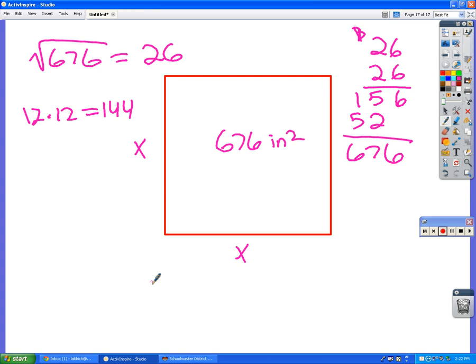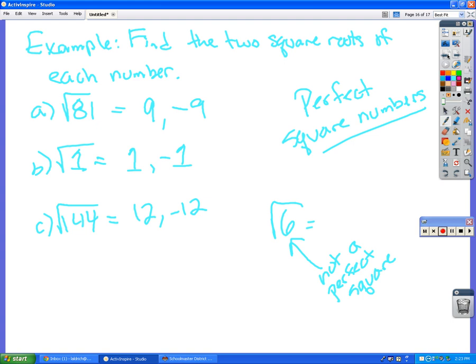Now, in this case, would my answer also be negative 26? Yes. No. Why? Because it's not possible. Right, but in this case, would I use the negative answer as well? In this case here I do, because it says find the 2 square roots of each number.